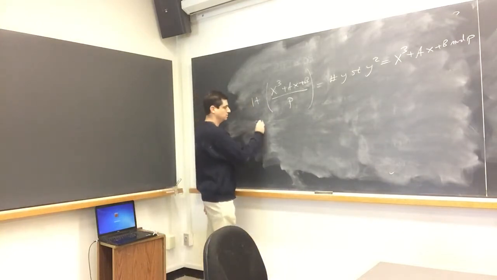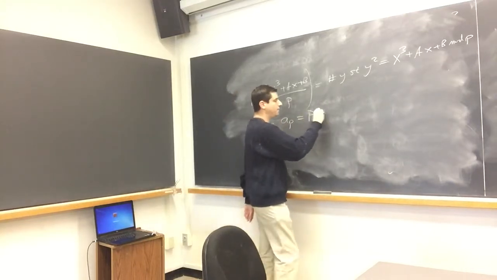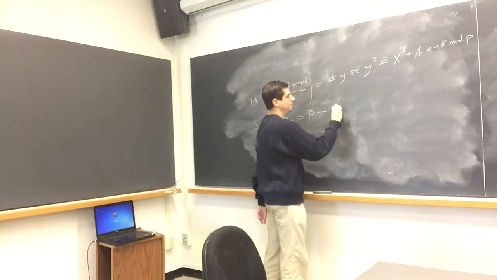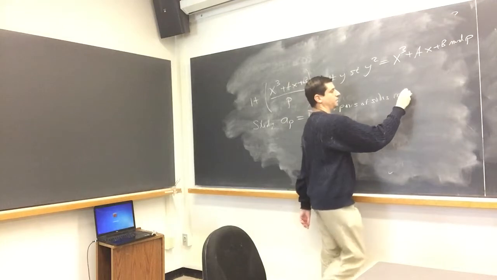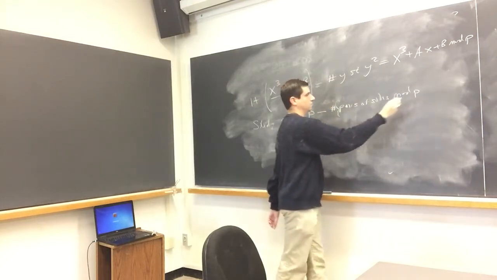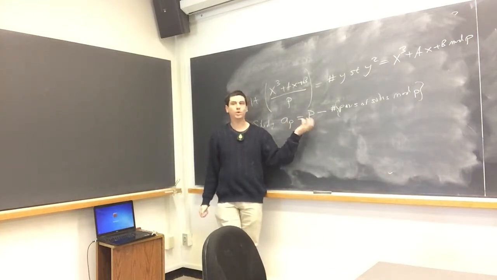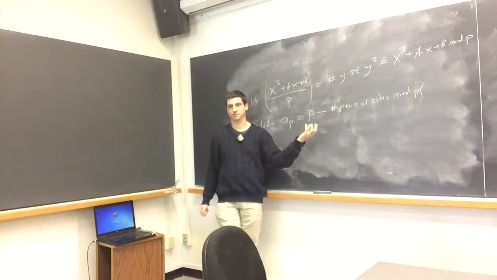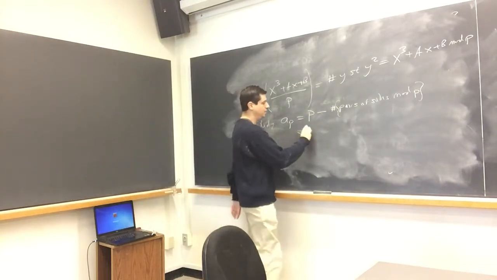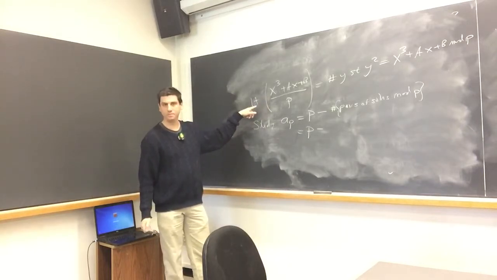So we study what's called a_p, which will be p minus the number of pairs of solutions mod p. What we're doing here is a common thing in mathematics. We know what we expect the answer to be, so we subtract the actual answer from the expectation, and we look at the fluctuations. Now when we sum this over all x mod p, what's the sum of 1, p times?